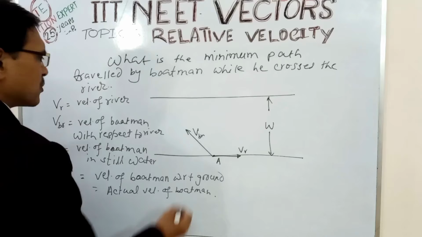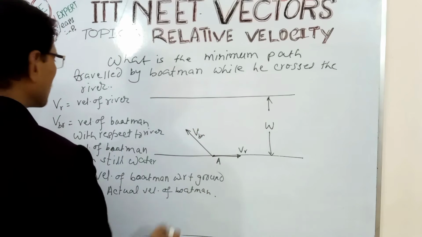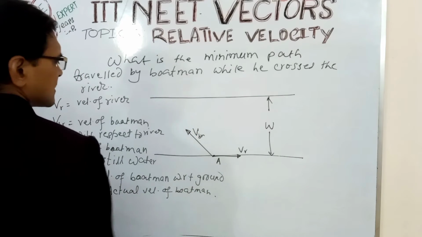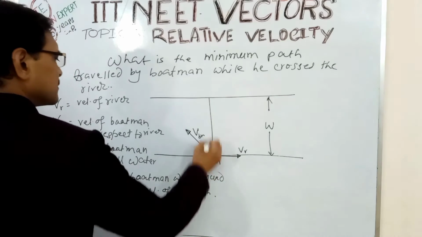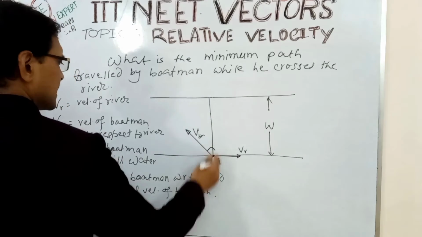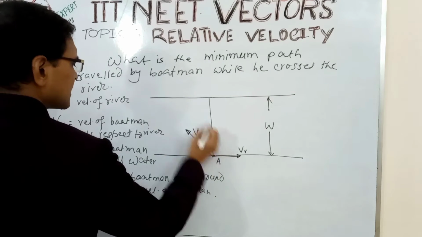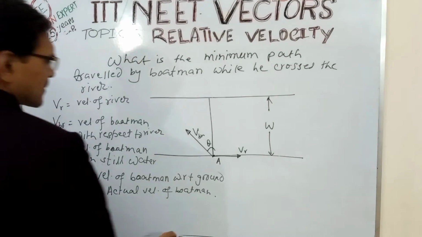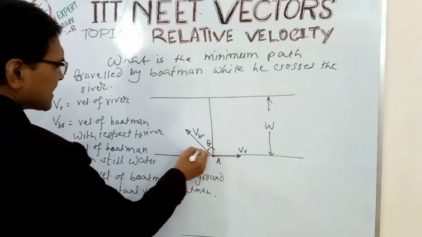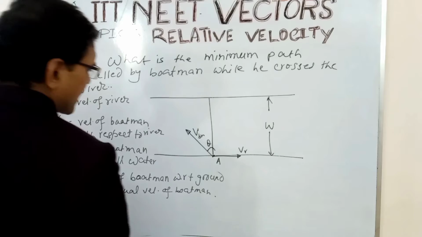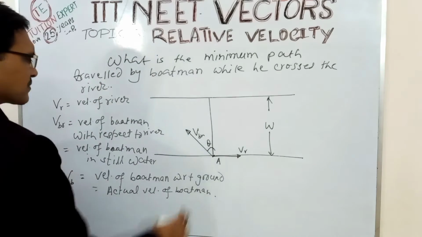Now suppose the boatman steers at an angle theta with the vertical. That is, this is the shortest path and this angle is theta. That is, the boatman steers at an angle theta from the vertical line.